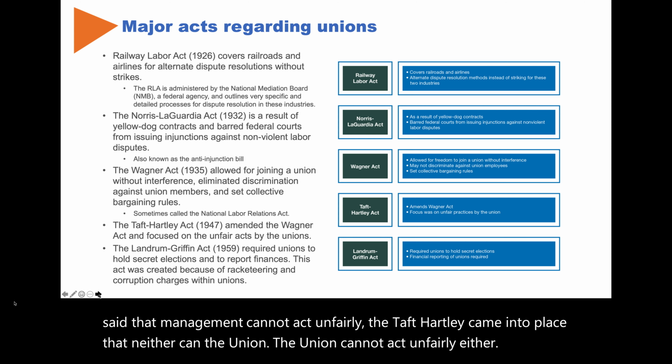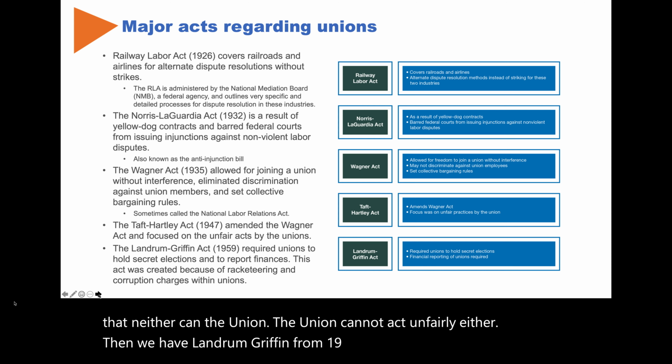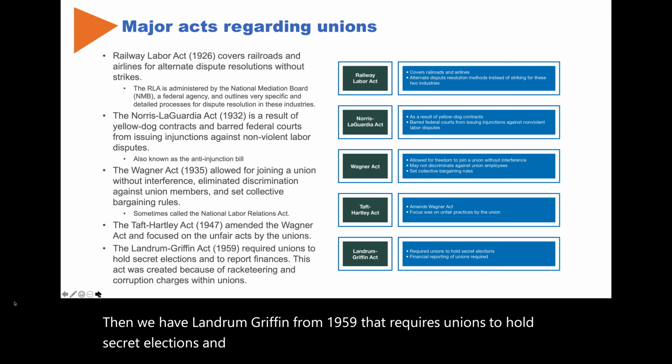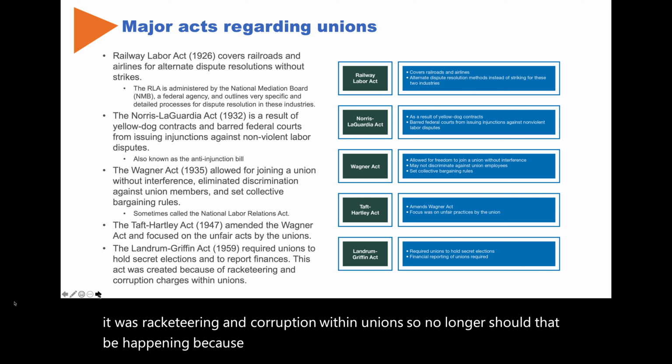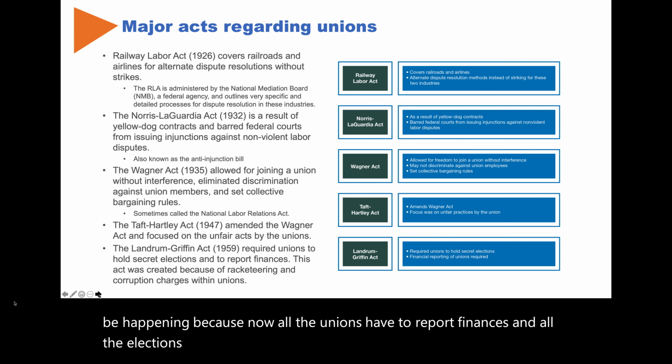Then we have Landrum-Griffin from 1959 that requires unions to hold secret elections and to report their finances. And this came about because there was racketeering and corruption within unions. So no longer should that be happening, because now all the unions have to report finances, and all the elections for unions to be in place are secret.